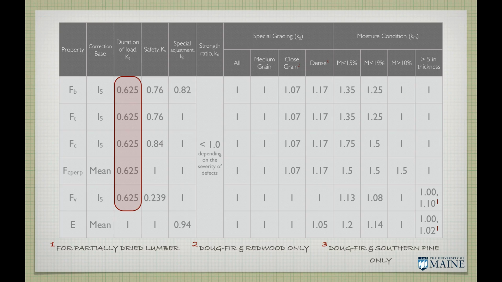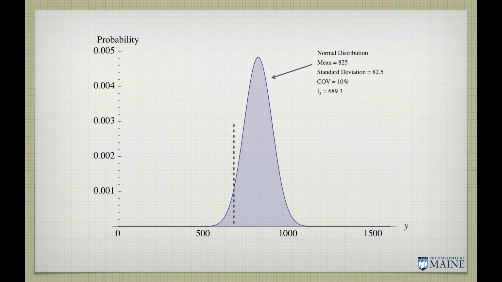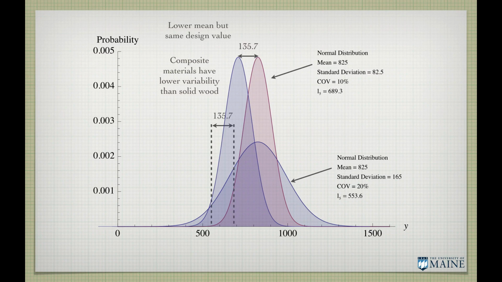If I move that down, with that same variability, they would have the same base value of L5. So wood composites will not be better than a piece of wood with no knots, with straight grain. It just can't be better than that. But you just don't get that very often. So composites are less variable, but it's that L5, that base value, that's the basis of design values.